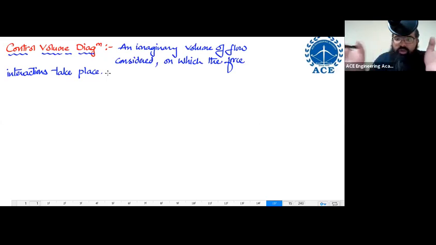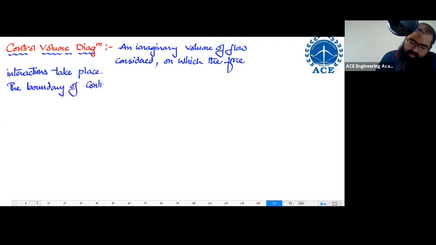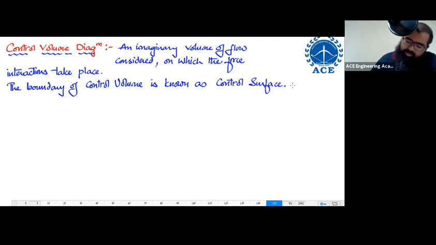That boundary of the control volume is called the control surface. This control surface is important.